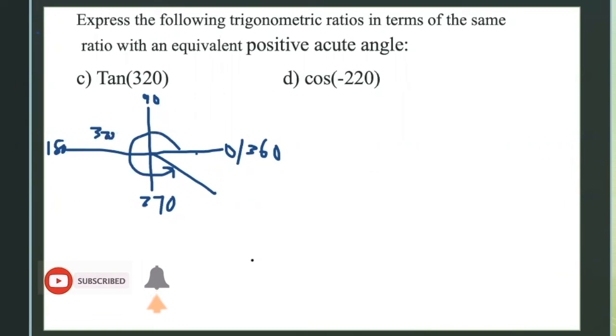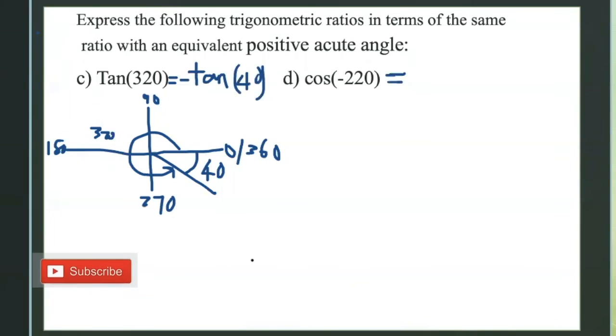Now the acute angle is between the x-axis and the terminal ray, and we can just see 360 minus 320, and that will give me 40 degrees. Because it is in the region where tan is negative, the answer should be negative, and tan 40 would be positive. So we will say the answer is negative tan 40.